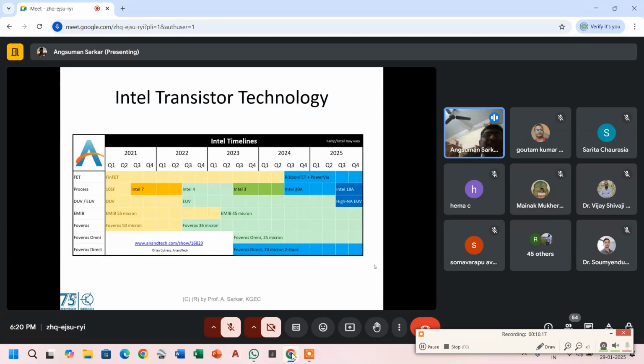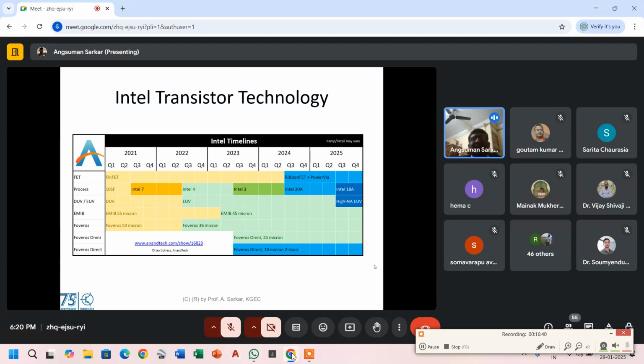Now we will try to understand the transistor technology developed by Intel. We are not considering the transistors before 2020; we'll start with 2021. In quarters 1, 2, 3 and 4 of 2021, the type of transistor they are using is FinFET.